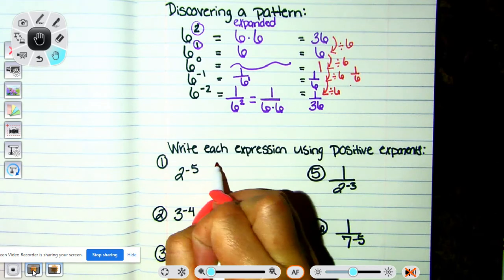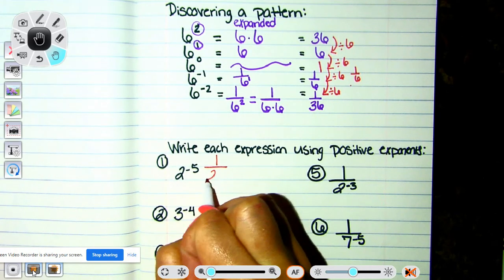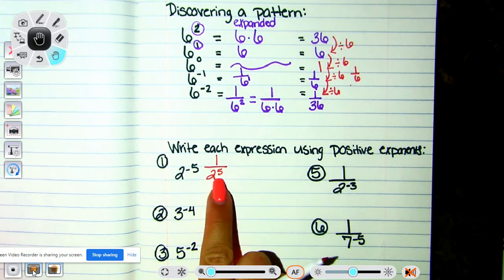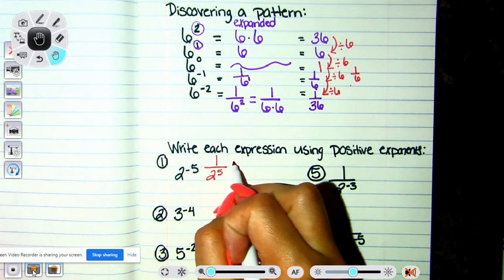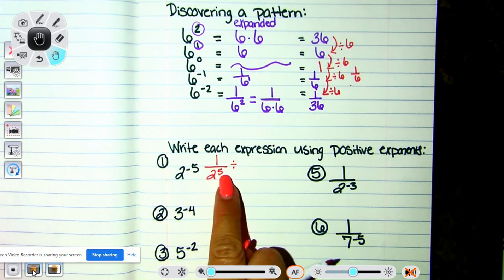So let's do division. And again, we represent division as a fraction bar, this time by 5 times. So writing each expression with positive exponents will just mean 1 over 2 to the 5th. And again, we're going to think of this fraction bar as a division symbol this time. So 1 divided by 2 to the 5th.